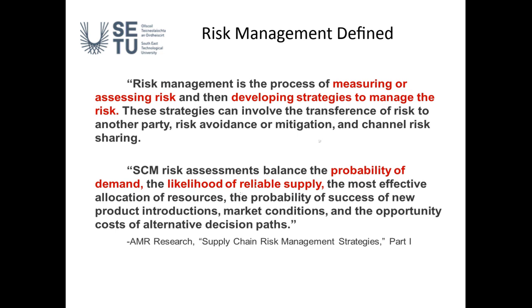In a commercial sense, and taking the example of a supply chain, we have the balance of the probability of demand and the likelihood of supply. In the current situation, across all industries, there's a shortage of people, sometimes a shortage of suitably qualified people.